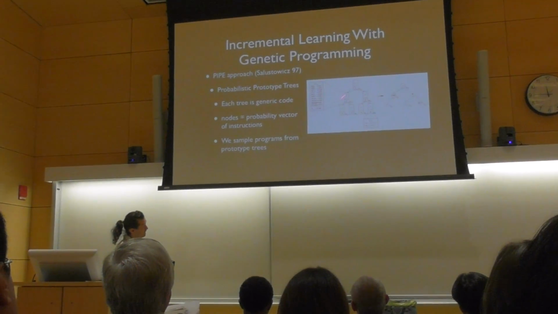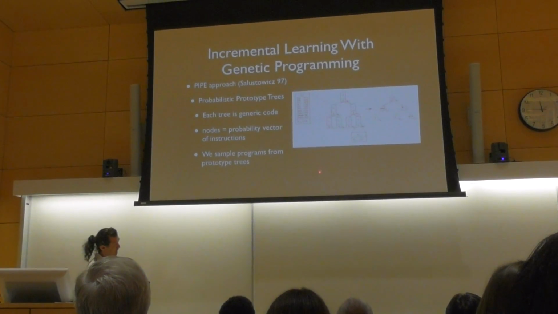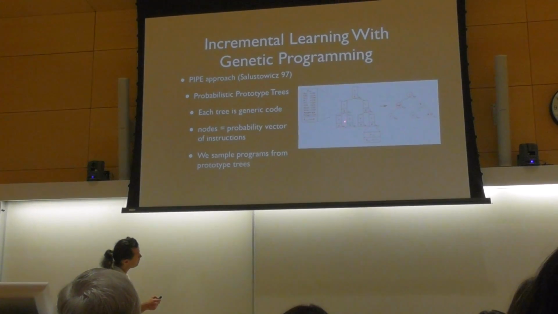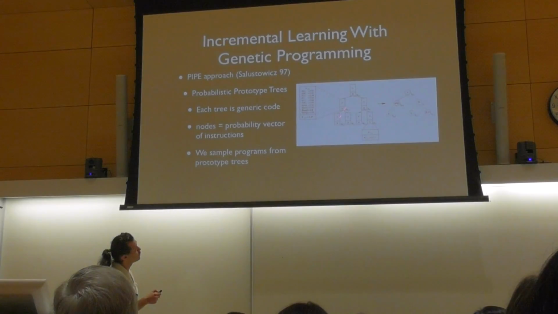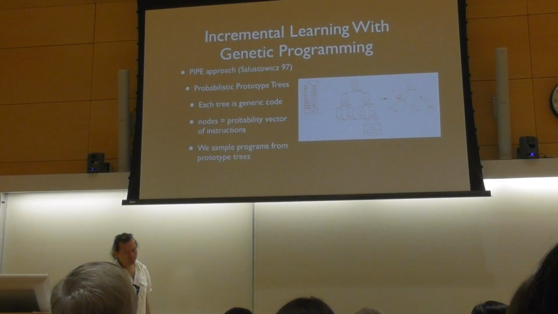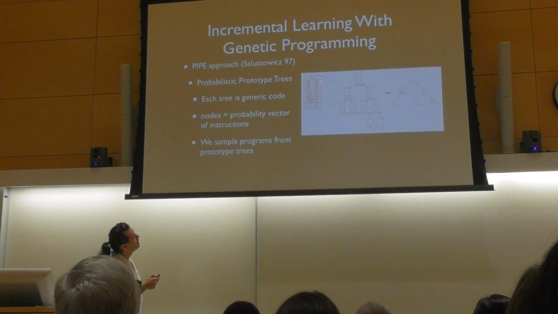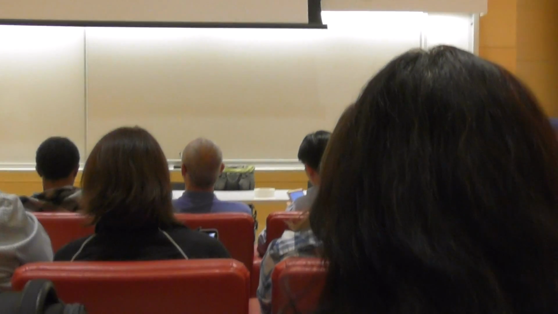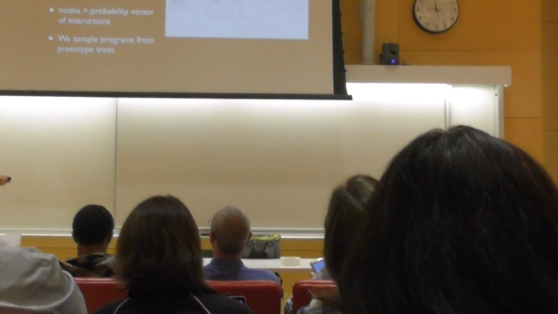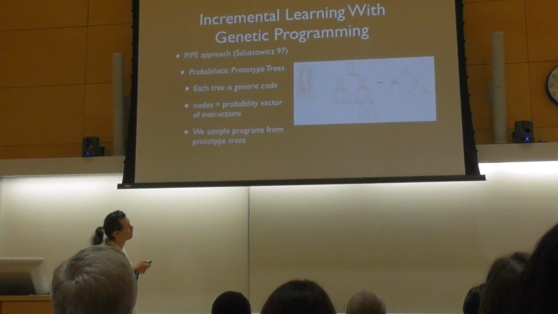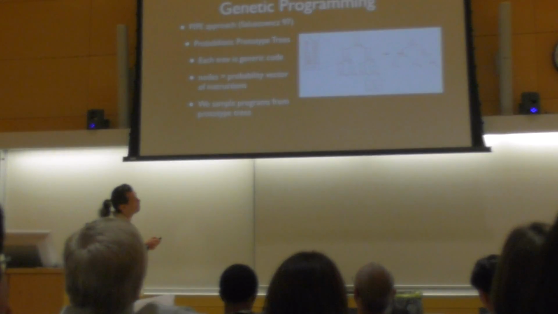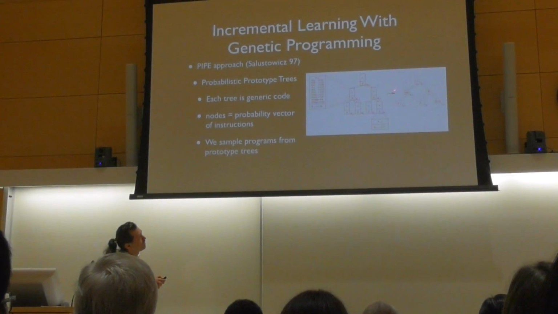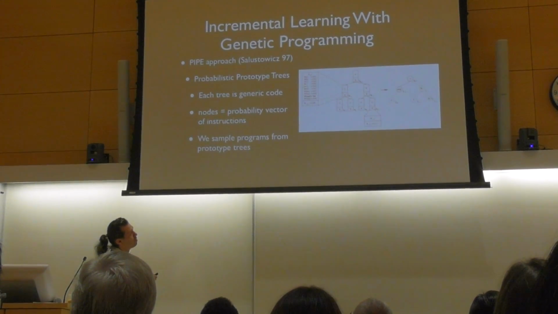These are n-ary trees. Actually, they use complete trees, and each of these nodes has a probability, and at each node you have these literals and functions, instructions with associated probabilities. It can be any one of these, and then you can easily sample a program from this model.